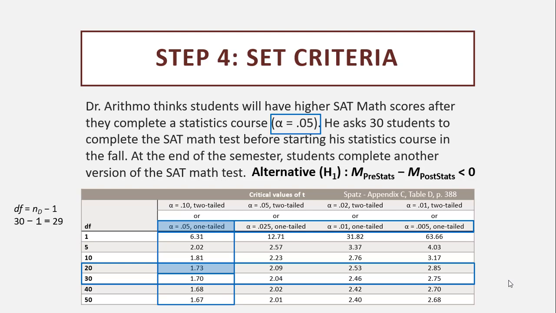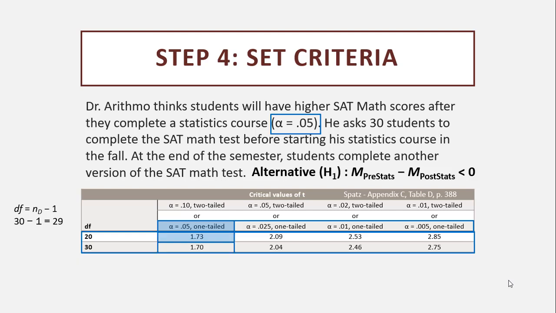Now, importantly, when we think about the alternative, instead of just pre-stat is less than post-stat, we can think of it as: if pre-stat is less than post-stat, when I say pre-stat mean minus post-stat mean, I should find that the pre-stat mean, if it is less, when I subtract a larger number, because post-stat should be higher, I should end up with a value that is less than 0, a negative value, because if I subtract a larger number from a smaller number, I end up with a negative value.